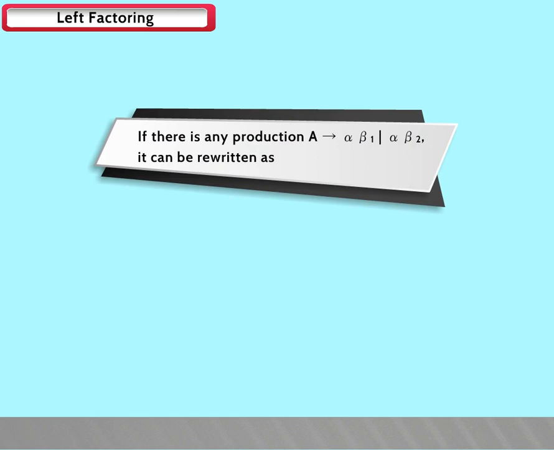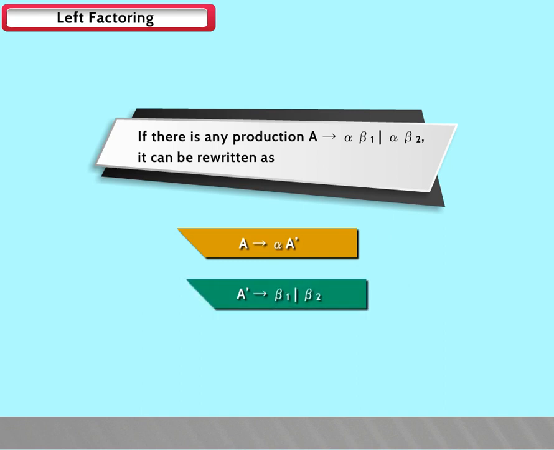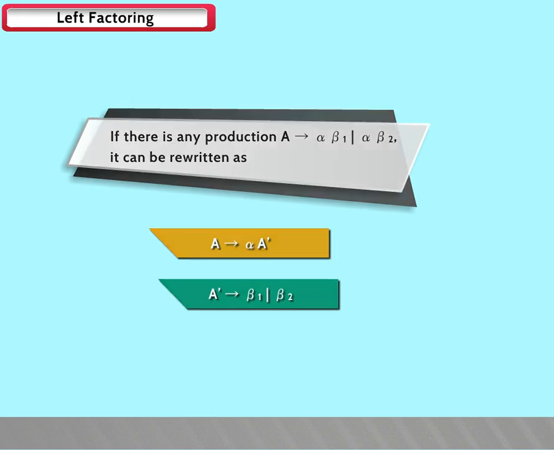If there is any production A provides alpha beta 1, alpha beta 2, it can be rewritten as A provides alpha A dash, A dash provides beta 1, beta 2.